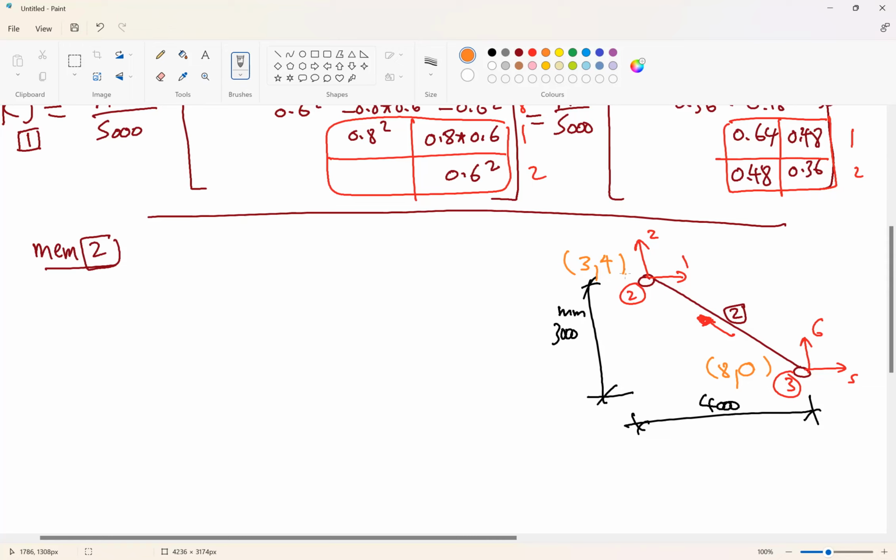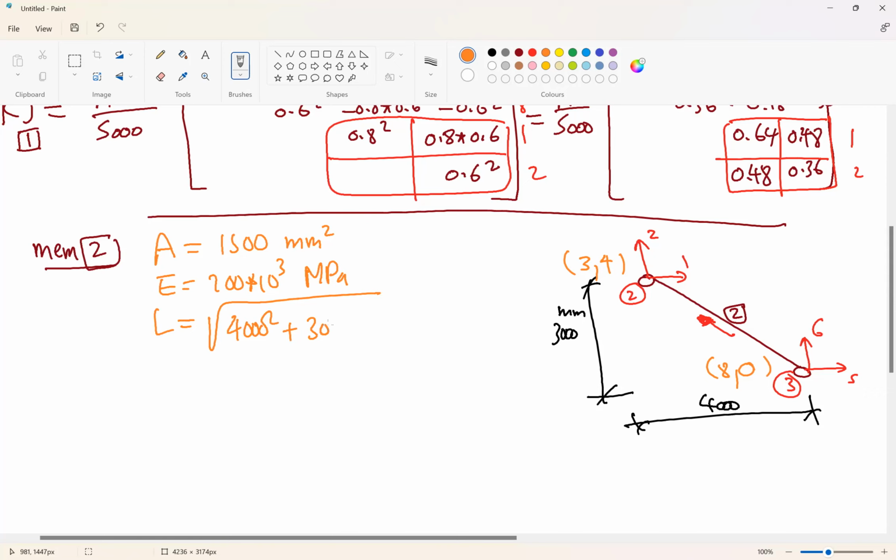Okay, so what we have here, if we write down our dimension, A, E, the length will be again the root of this 2. So it will give us 5,000 millimeters, which is 5 meters. What is next? Lambda x and lambda y.